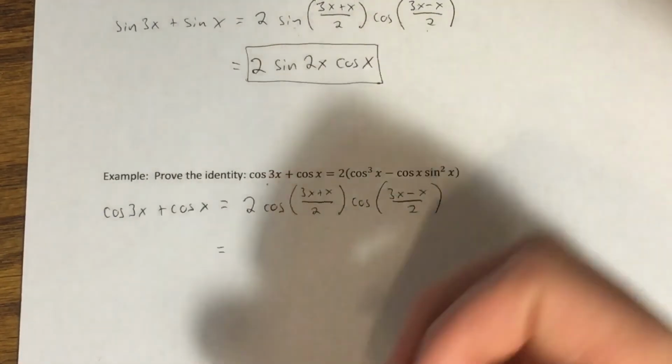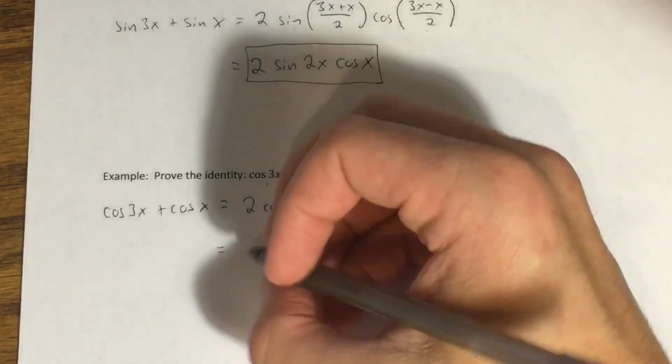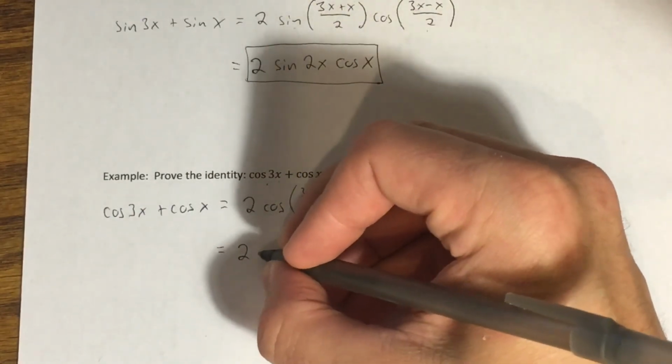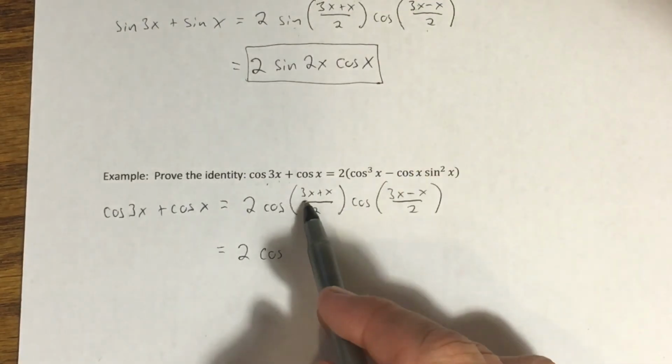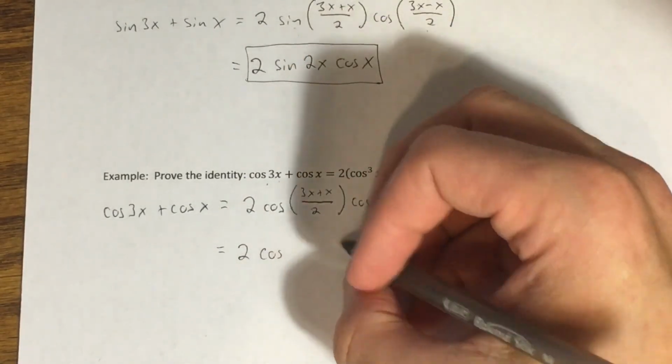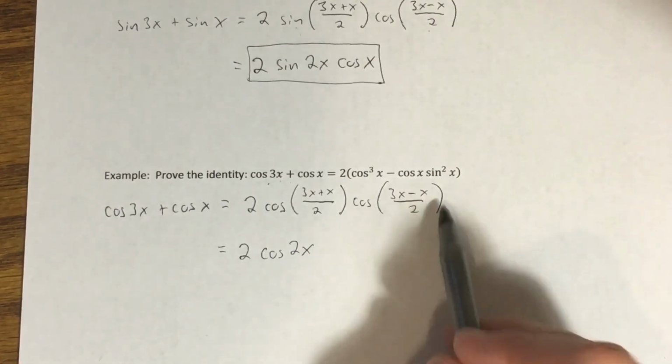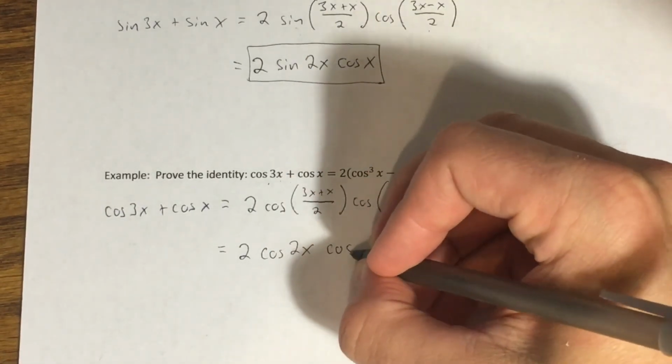Looks similar to the previous example as far as the angles are concerned. So this gets simplified down to 2 times cosine of 4x over 2, which is the same thing as cosine of 2x. And then this becomes cosine of 2x over 2, which just becomes cosine of x.